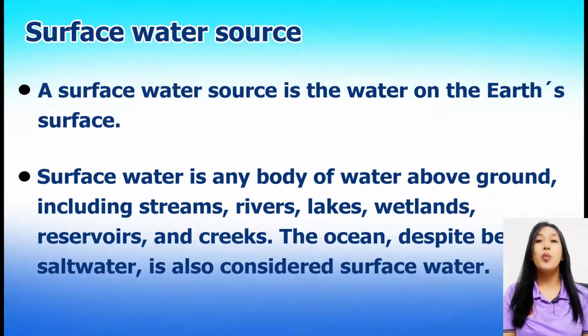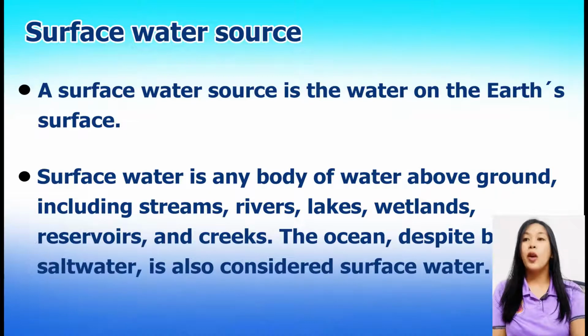Surface water source is the water on the earth's surface. What you can see on the globe, the ones colored blue, are surface water sources. They are on the earth's surface. Surface water is any body of water above the ground.